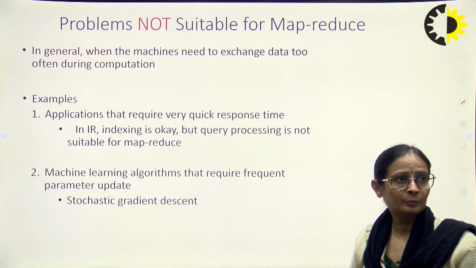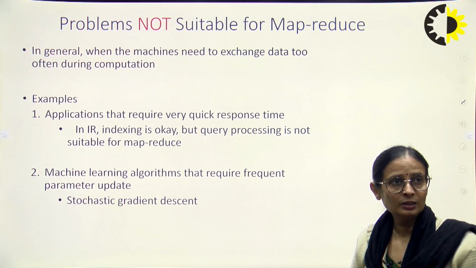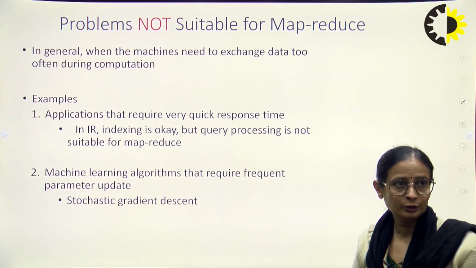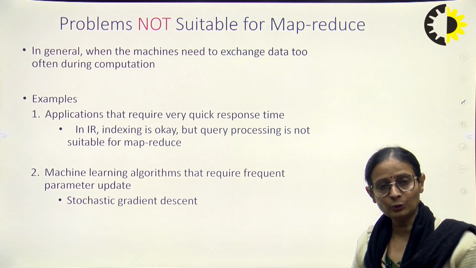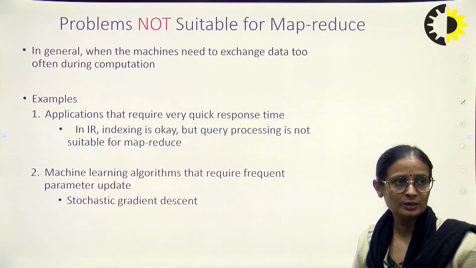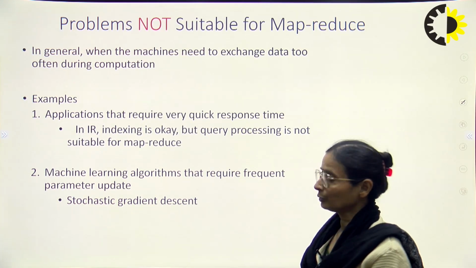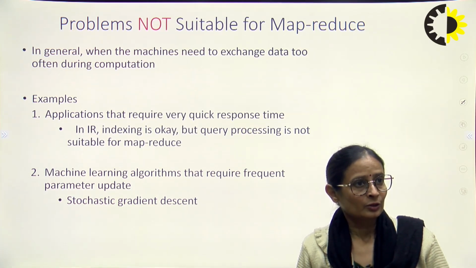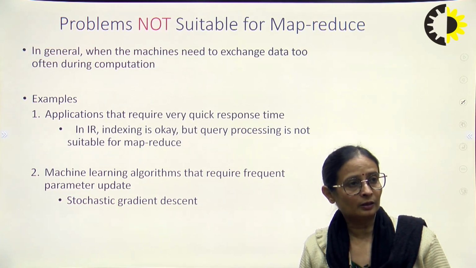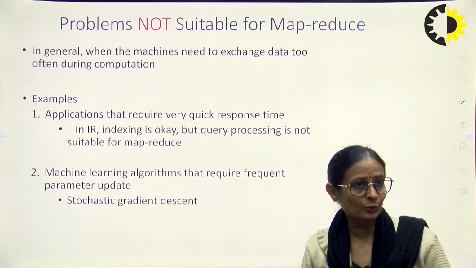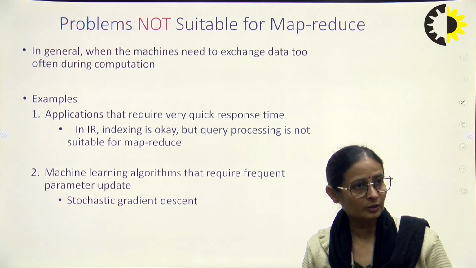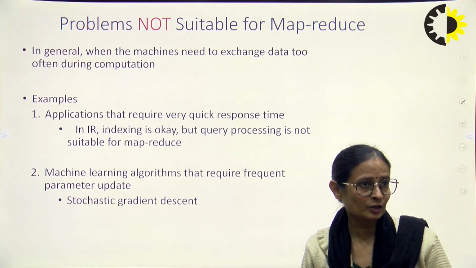But the problem comes when the machines need to exchange data too often during computation. Then we don't go with the MapReduce concept. For example, an application that requires very quick response time. So for example, in IR systems, indexing is okay, but query processing is not suitable for MapReduce.